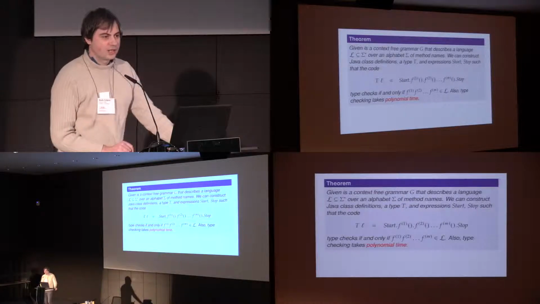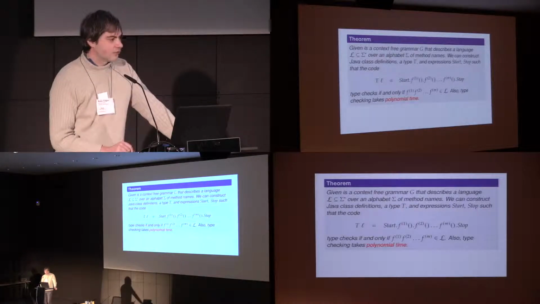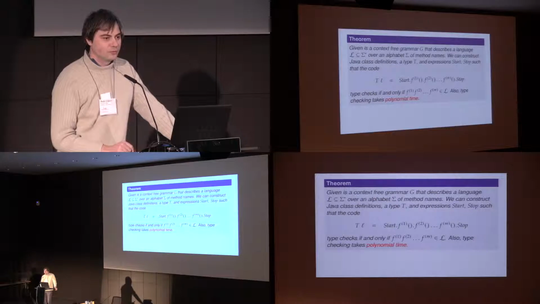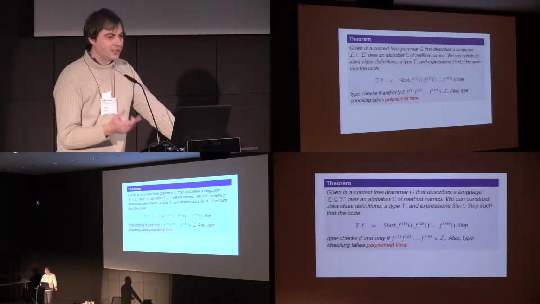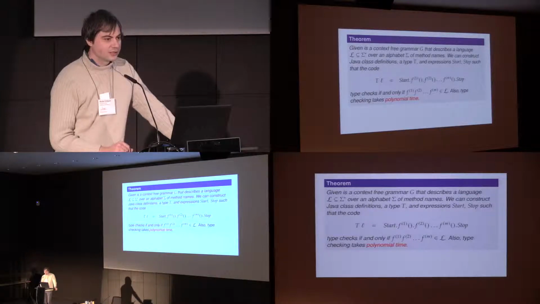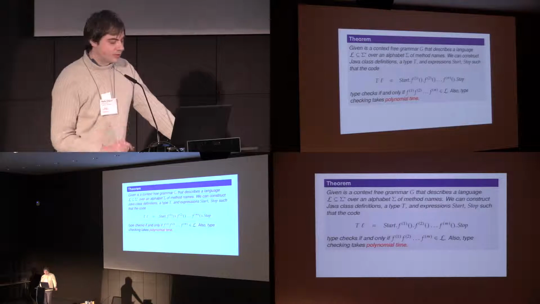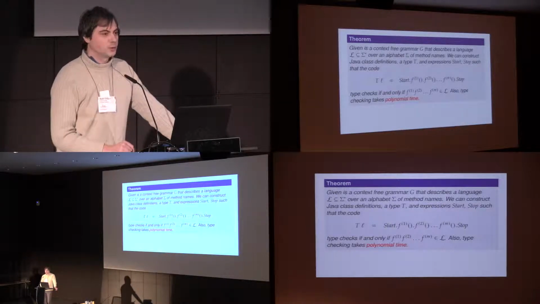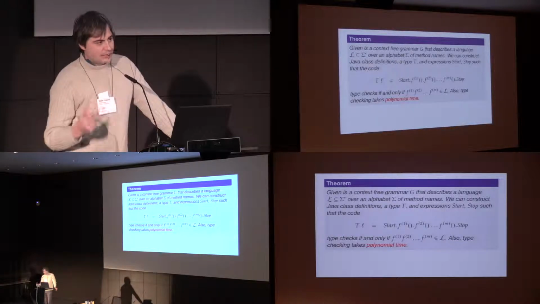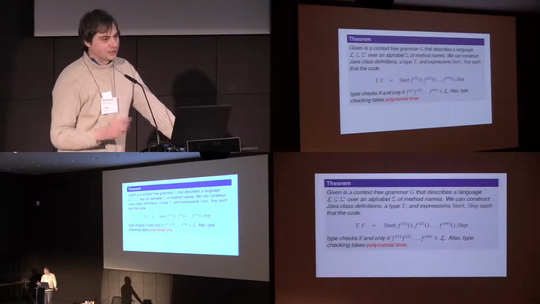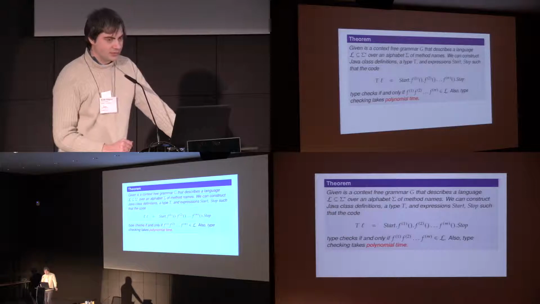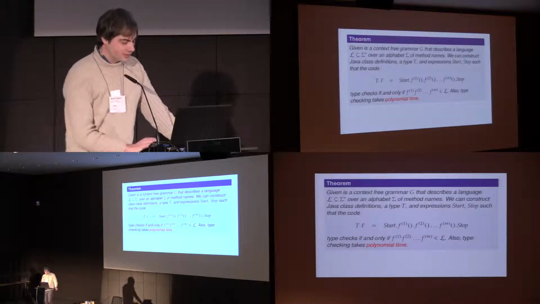Somebody gives you a grammar. You generate a parser for that. We know how to do polynomial time parsers. You can implement that in a Turing machine. You apply this reduction to get a class table. That's going to be polynomial as well, so you have to check that it is. It is. And then you use the straightforward type checker. So there is a type checker that will work in polynomial time, and the one in Java is basically the straightforward one.